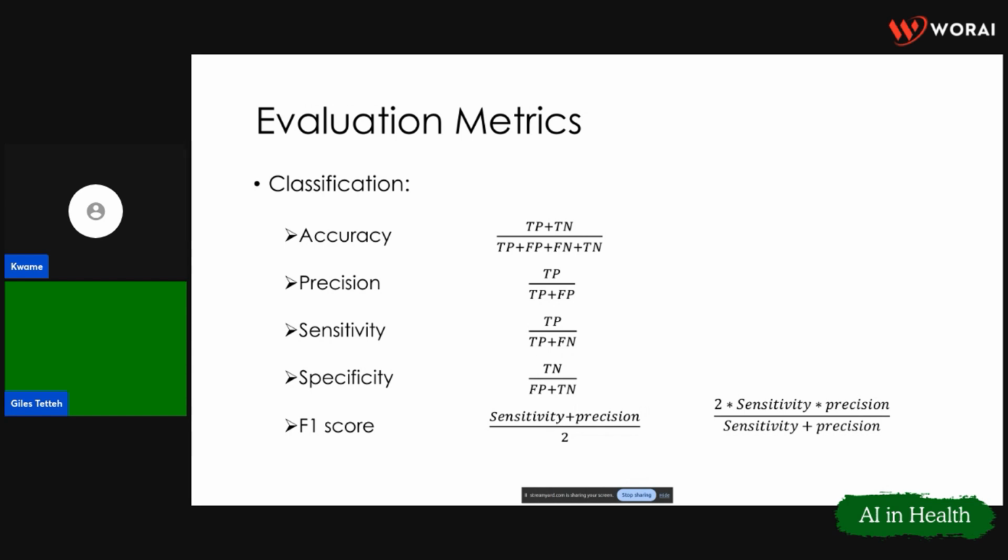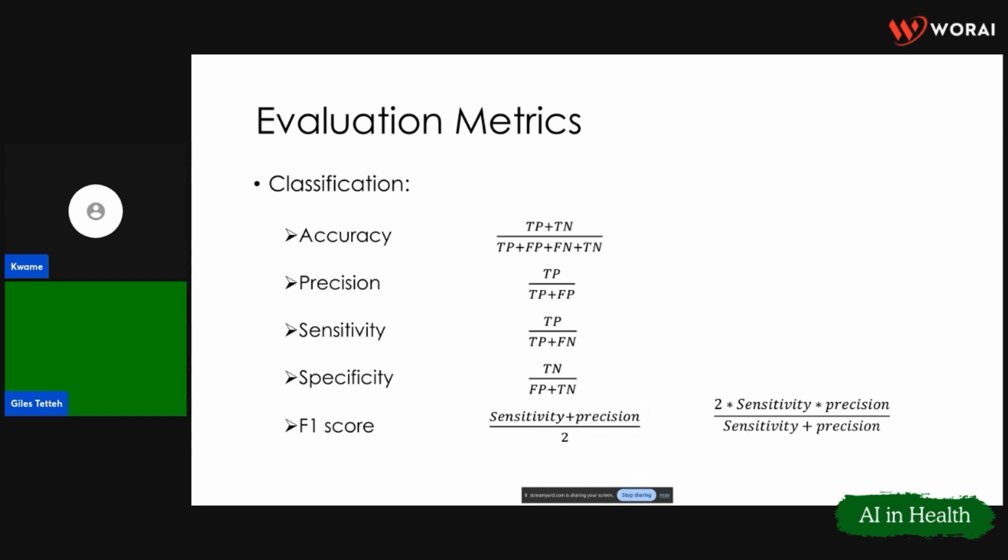Sensitivity is very important in medicine because we want the model to be able to detect when somebody has a disease. For example, if it is cancer, we want high sensitivity. High sensitivity means that the model doesn't easily miss. Because if somebody has cancer and you miss it, it's very dangerous. So in medical applications, we want very high sensitivity.